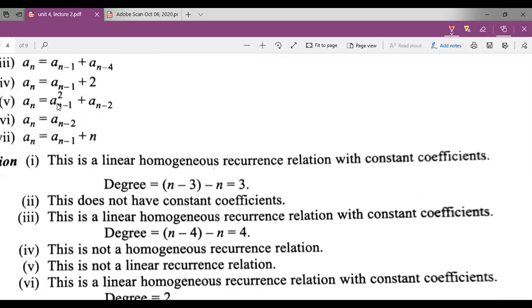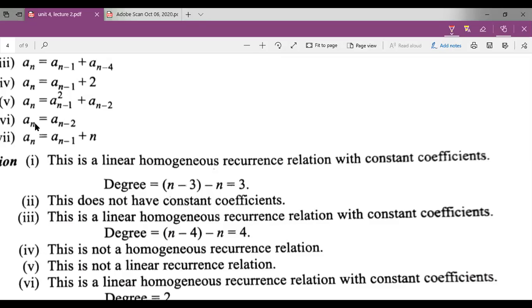This is not a linear recurrence relation because the power of this term is 2. When the power of the terms is 1, we say it is a linear equation, so that's why this is not a linear homogeneous recurrence relation.